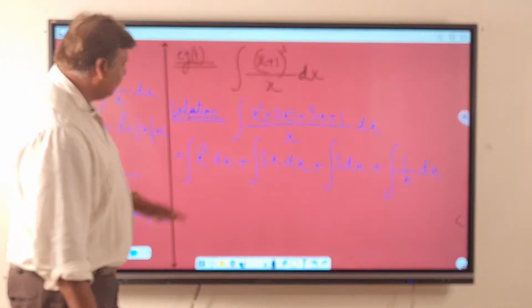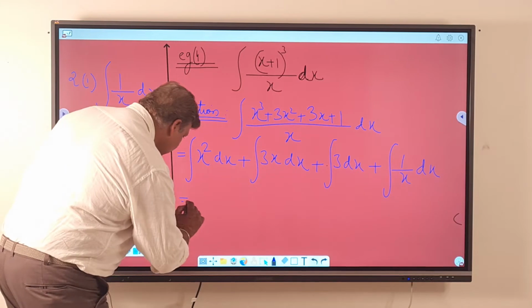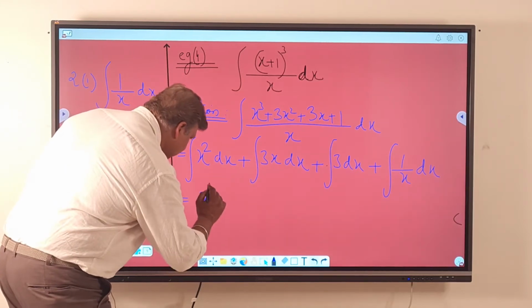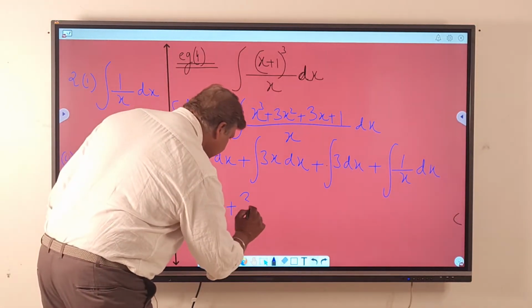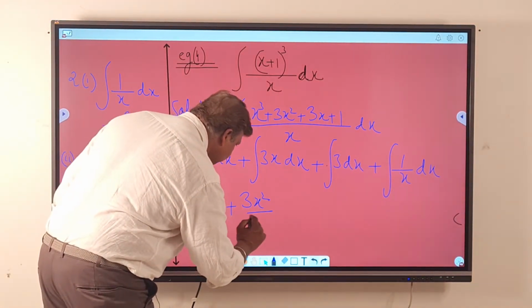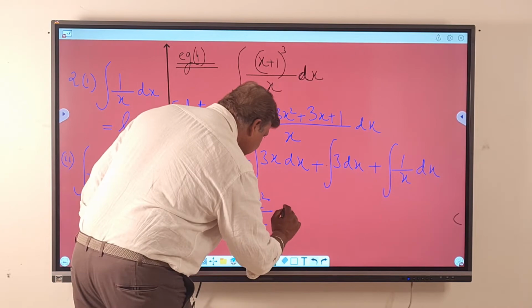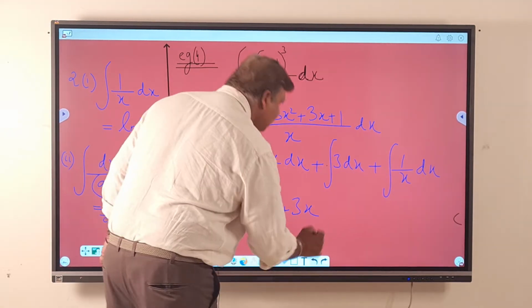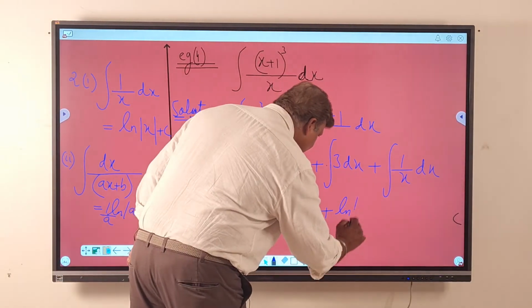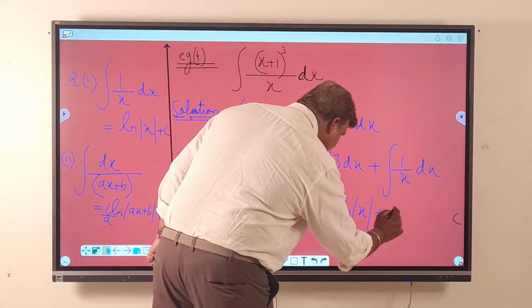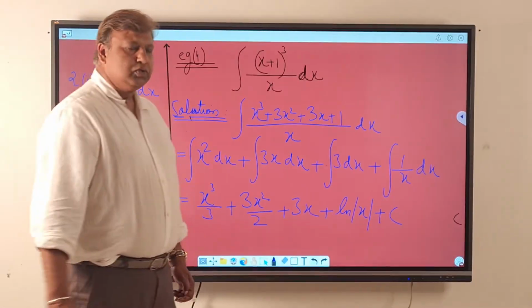Till now whatever you have done, you can do that. x square integration is x cube by 3, isn't that so? 3x integration would be 3x square by 2. 3 integration is 3x. And 1 by x integration by the formula which we have done this time, that is ln of x. So I hope you understand.